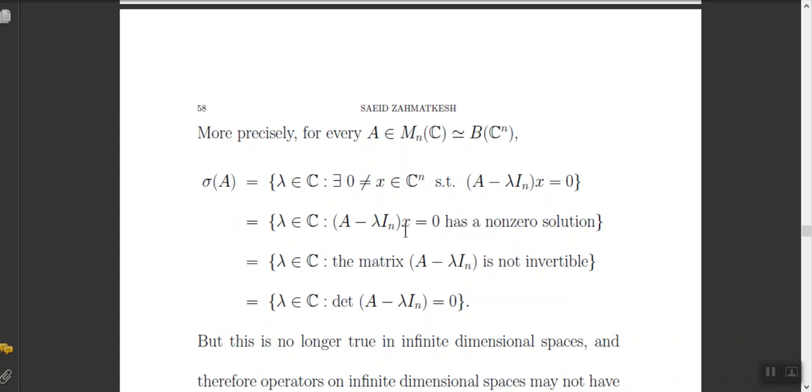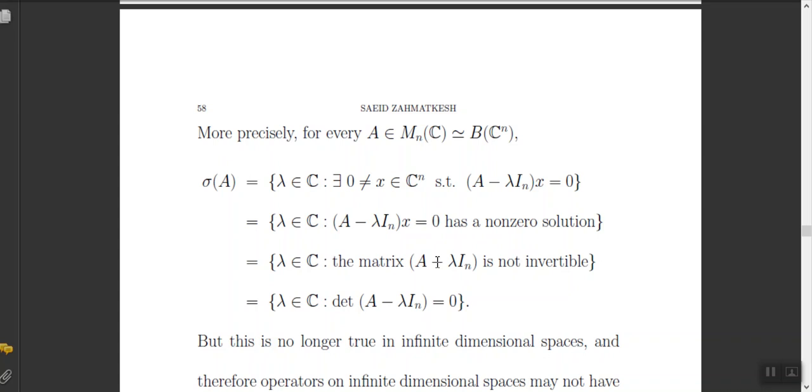And this is the matrix of the system, a system of equations in matrix form. So when we say it has a non-zero solution, it means the matrix A minus lambda I is not invertible. Because if it is invertible, it has a unique solution, and the solution is 0. So when we say it has a non-zero solution, this matrix is not invertible.